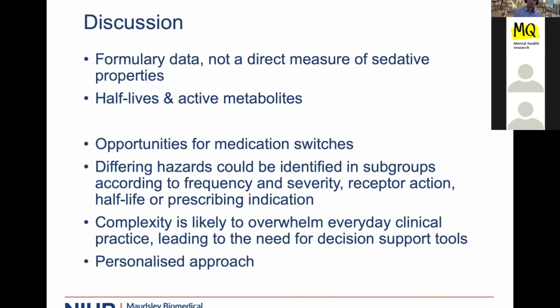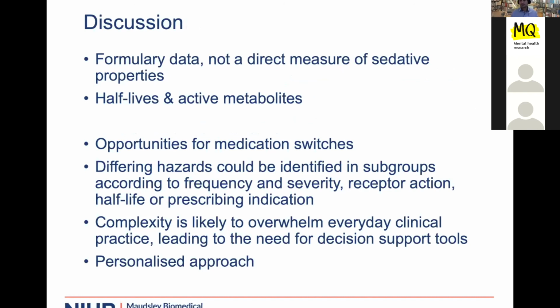Just in terms of discussion, this is formulary data, so it's not a direct measure of sedative properties. When it comes to the half-life of medication, we need to be aware that some medications have an active metabolite, which makes the classification of half-lives a bit more tricky. We tried to account for this, but it might not have been perfect.